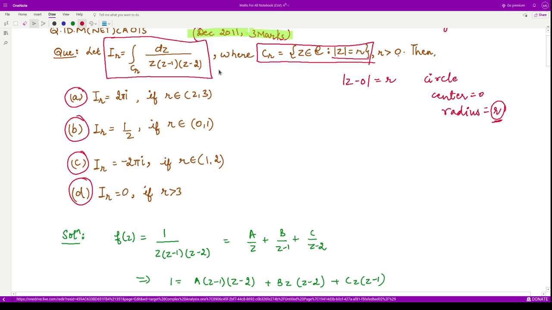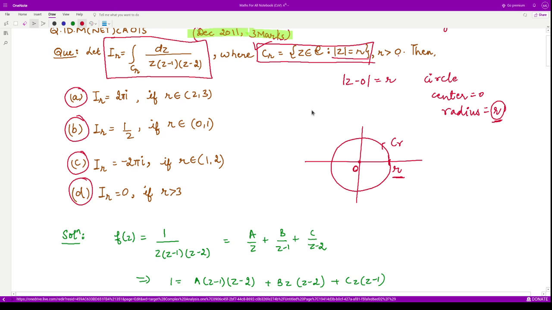In that region, CR is some curve, basically a circle with center 0, and it could have some arbitrary radius R. So you can say a circle like this. This is your CR, this point is somewhere R, and it could have any value.